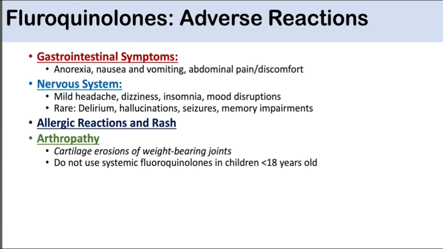That's why I mentioned we don't want to use fluoroquinolones in children. Additionally, we don't want to use them in pregnant women because the fetus is also developing cartilage in utero, and the fluoroquinolones seem to cause damage to cartilage, especially in individuals still developing their cartilage.